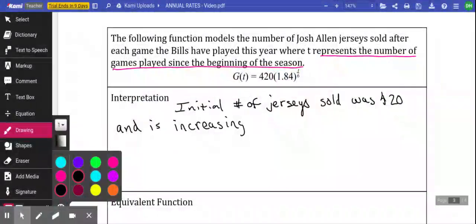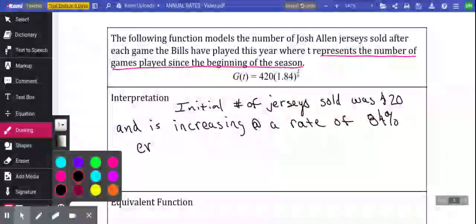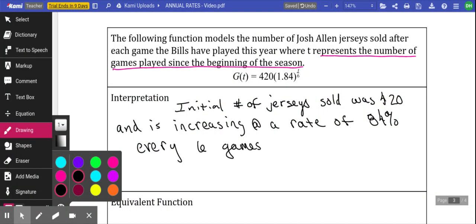That's totally acceptable, of course. It is increasing at a rate of 84% every 6 games. So we're increasing at a rate of 84% every 6 games.